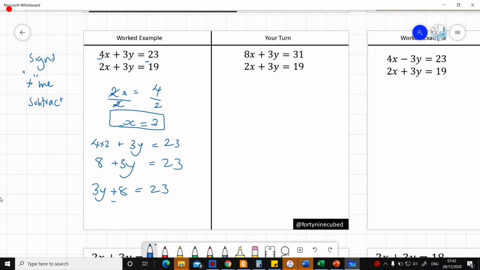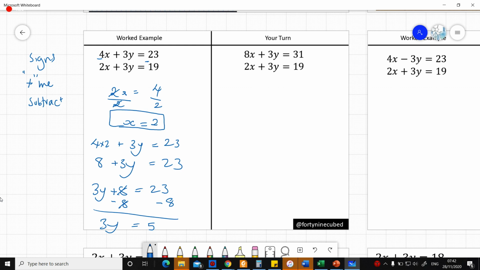So now let's solve. We have 8 on this side, so we minus 8 and minus 8 here. So 8 cancels out with 8, and 3y is equal to 23 take away 8, which is going to give me 5.